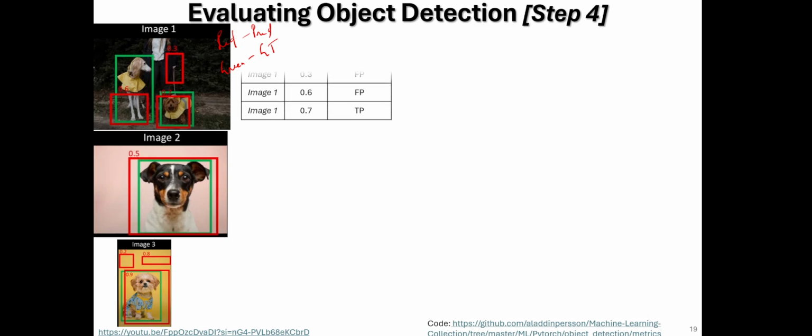Let's go through it. For the first image, going by the score, let's classify each as true positive or false positive. It's a good exercise. Again, I'm using an IOU of 0.5 as the threshold. In image 1, the first one, with 0.3, is this one, and of course we know it is way off.